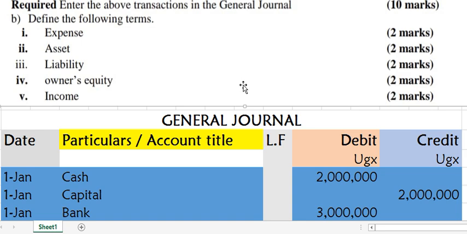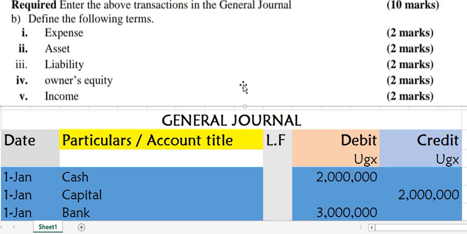An expense in accounting is a decrease in assets, or an increase in liabilities, that results in decreases in equity other than those relating to distributions to holders of equity claims. That definition is according to the conceptual framework for financial reporting.